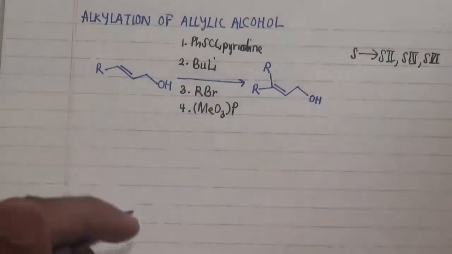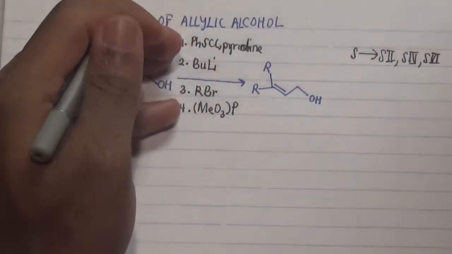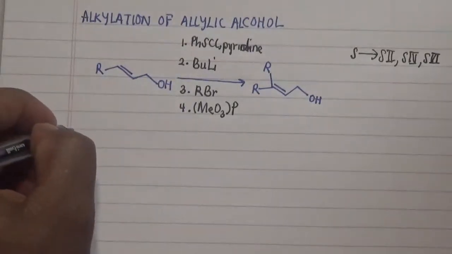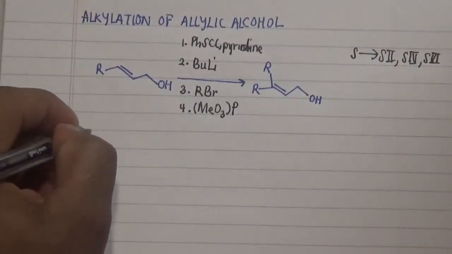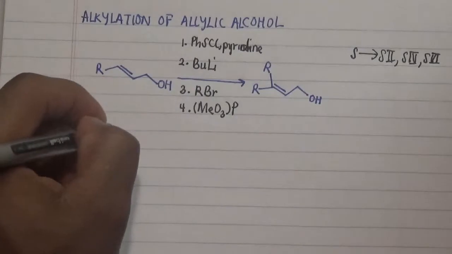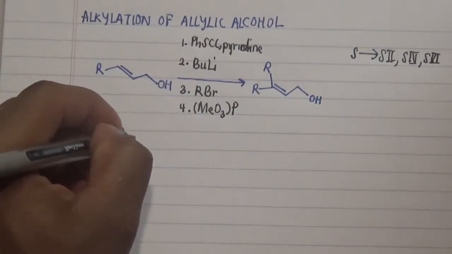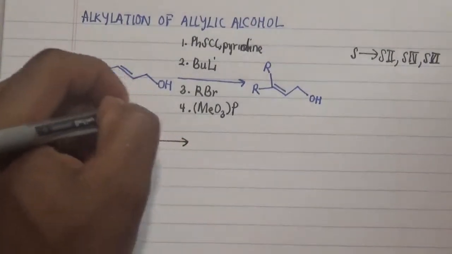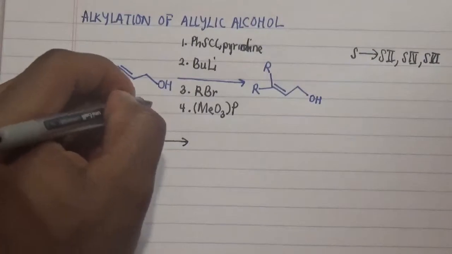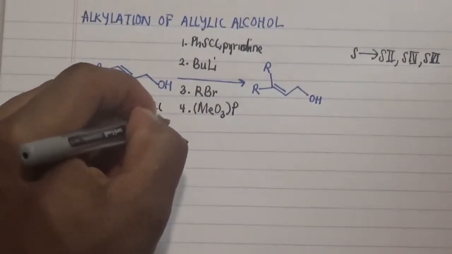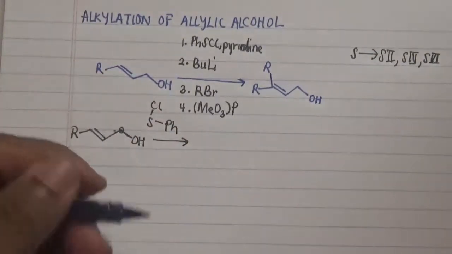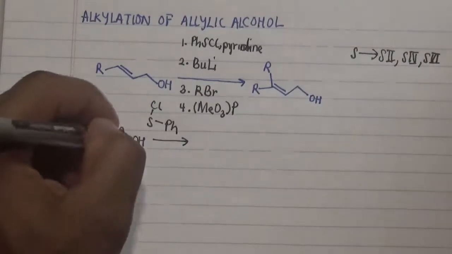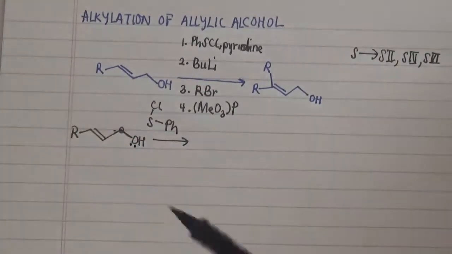So let's jump into this reaction mechanism. In our first step we are subjecting our allyl alcohol to a sulfenyl chloride, a phenyl sulfur chloride group. What happens here is that this sulfur chloride group is subjected to a nucleophilic attack from this particular oxygen.